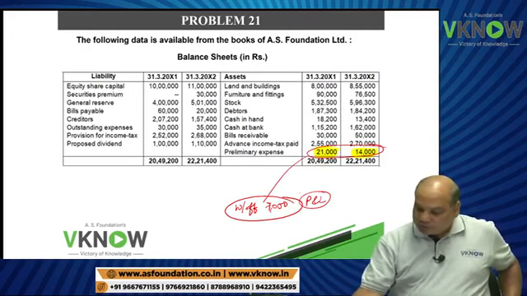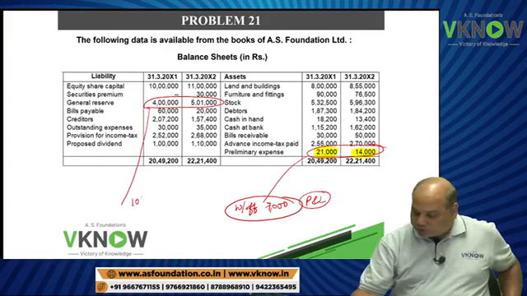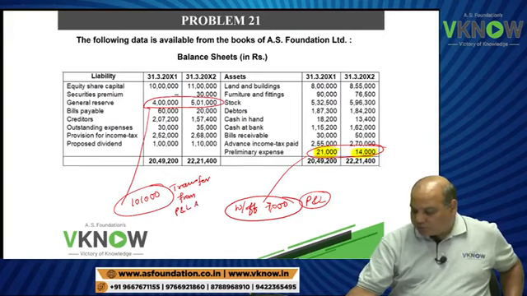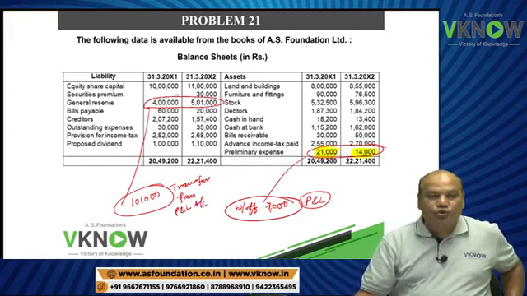Is it right? And similarly, this general reserve of 1,01,000 is increased. So what must have happened? Transfer from P&L account, right? So you should know all these basic things by now.